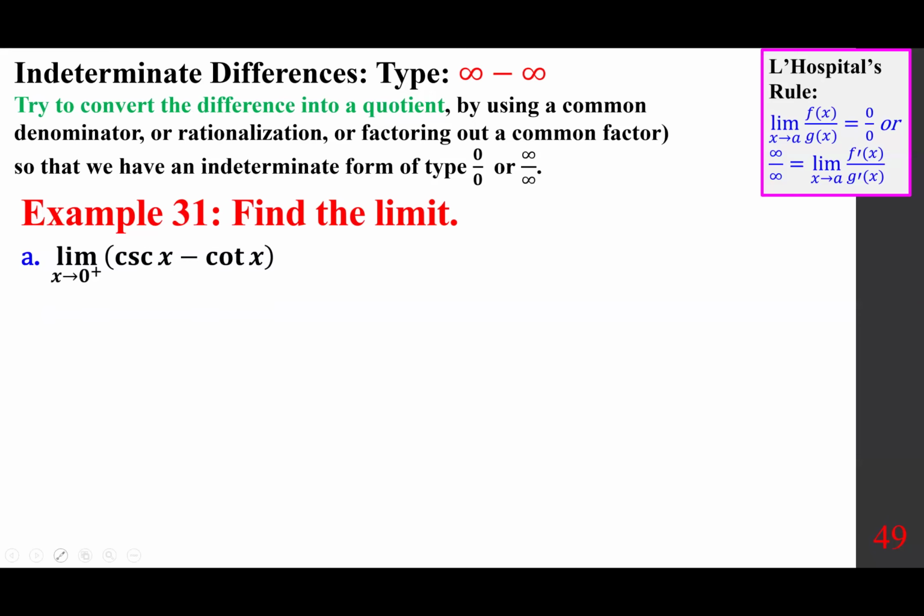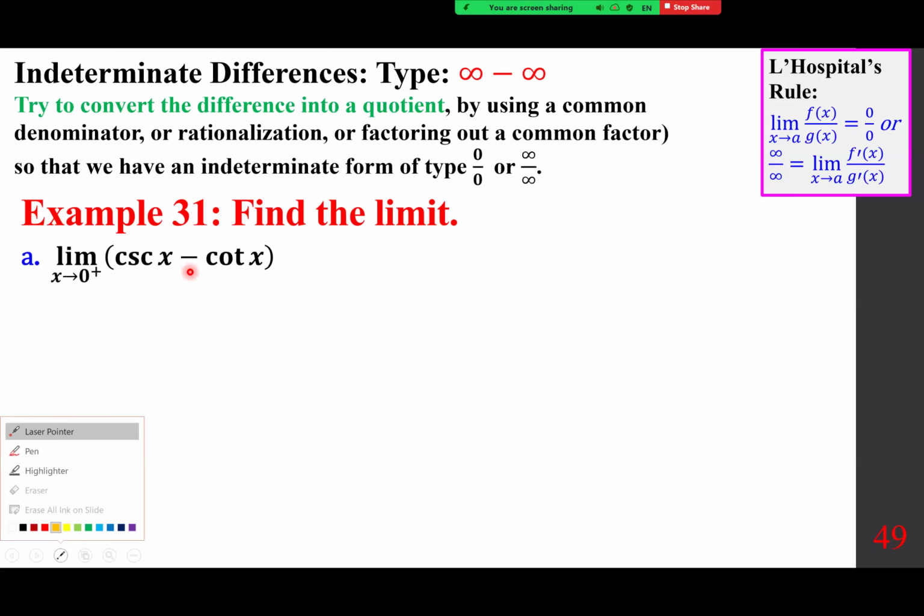The limit of cosecant x minus cotangent x as x approaches 0 from the right. Notice if we plug in, by the way, we get infinity minus infinity.